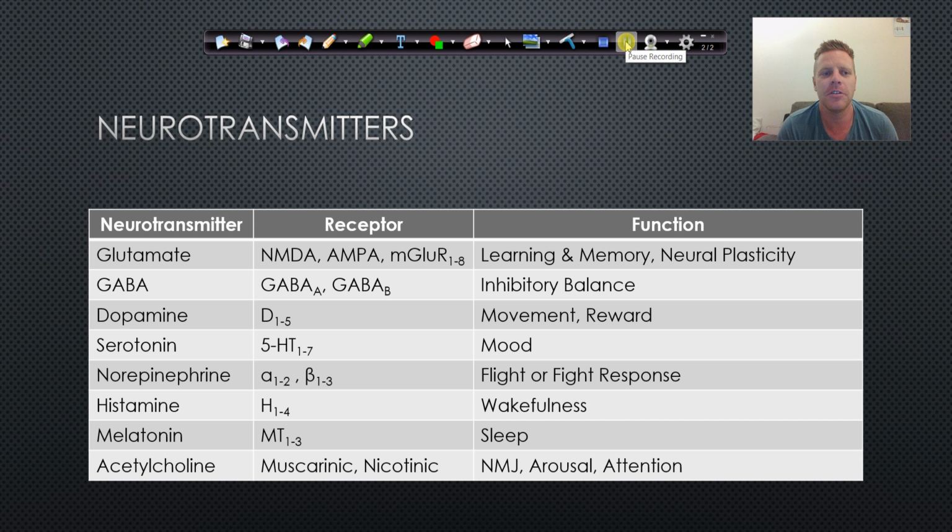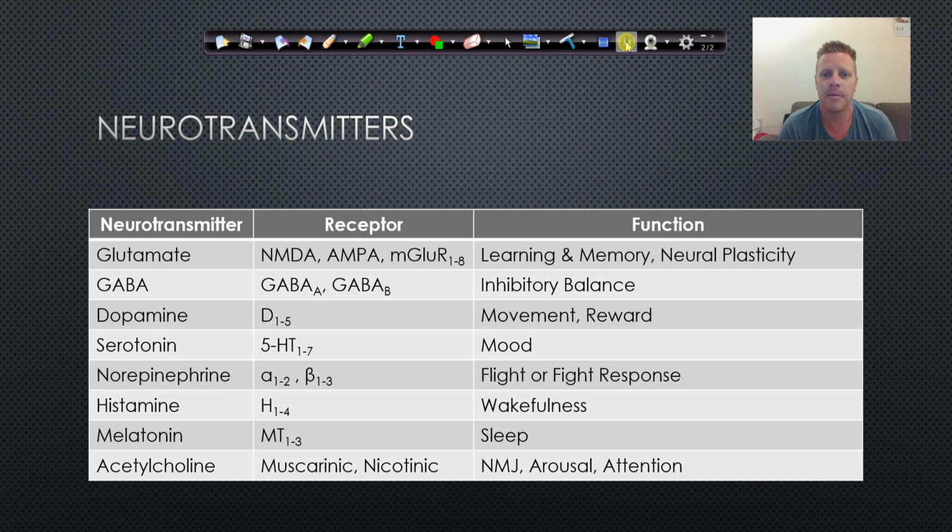So the two major neurotransmitters that you'll have to know initially are glutamate and GABA. Glutamate is the most prevalent excitatory transmitter in the brain, and GABA is the most prevalent inhibitory neurotransmitter.